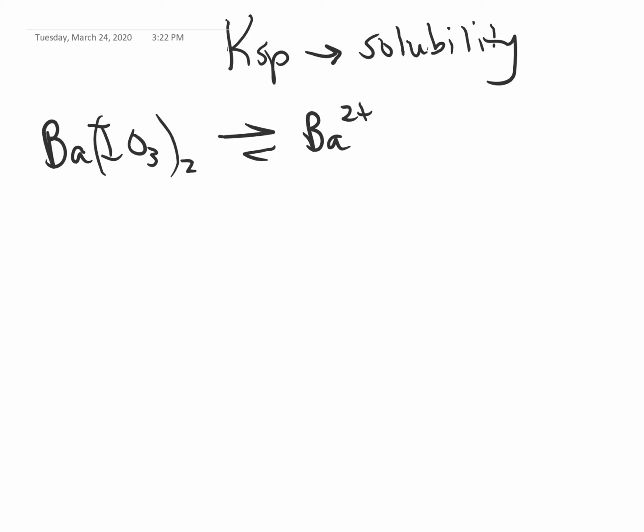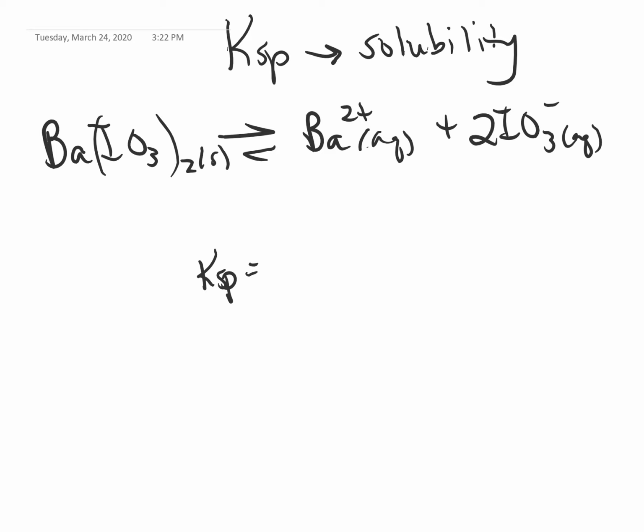So, as always, I'm going to write my equation. And this time they have given me the Ksp. I'll write it over here. And this is 6.0 times 10 to the minus 10th.